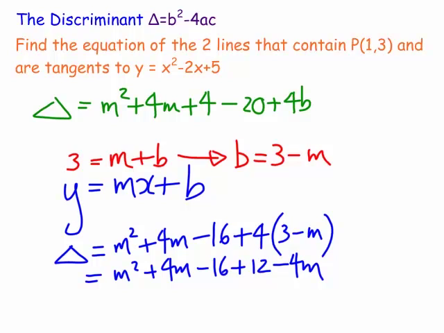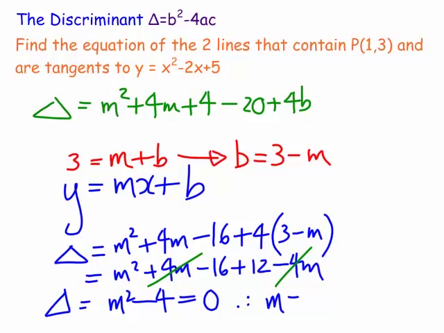One of the interesting things happens here, in fact the 4m's cancel, leaving us with just m squared minus 4. And if we set that to 0, that's just (m plus 2)(m minus 2). Therefore m would equal plus or minus 2.